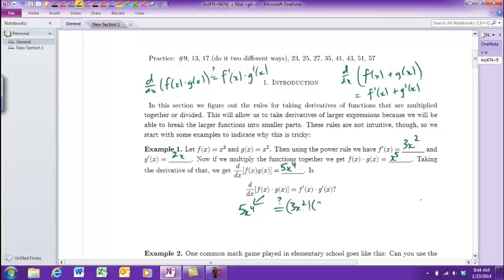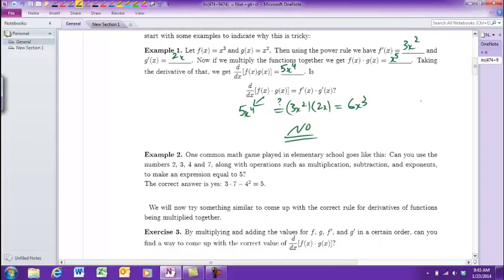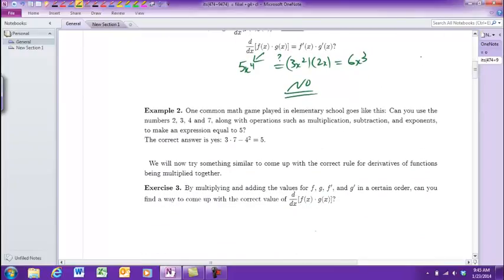And g prime of x was 2x. Well, if I multiply those two together, I get 6x cubed. So is 5x to the 4th equal to 6x cubed? No. So it turns out that what we might intuitively think would work with derivatives of two things multiplied together does not work. It fails in this example, and it's going to fail in general.